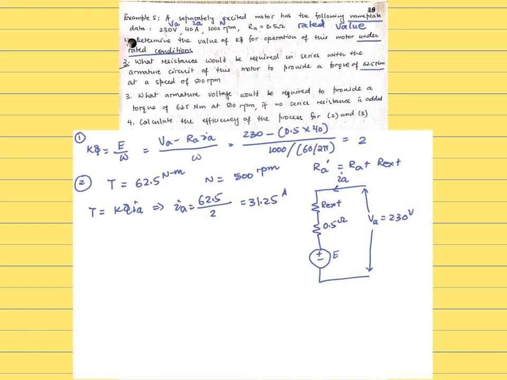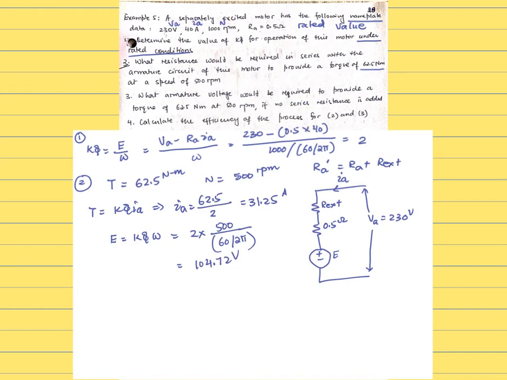E will be K phi omega, which is 2 times the speed. Now it's at 500. So E is 104.72.